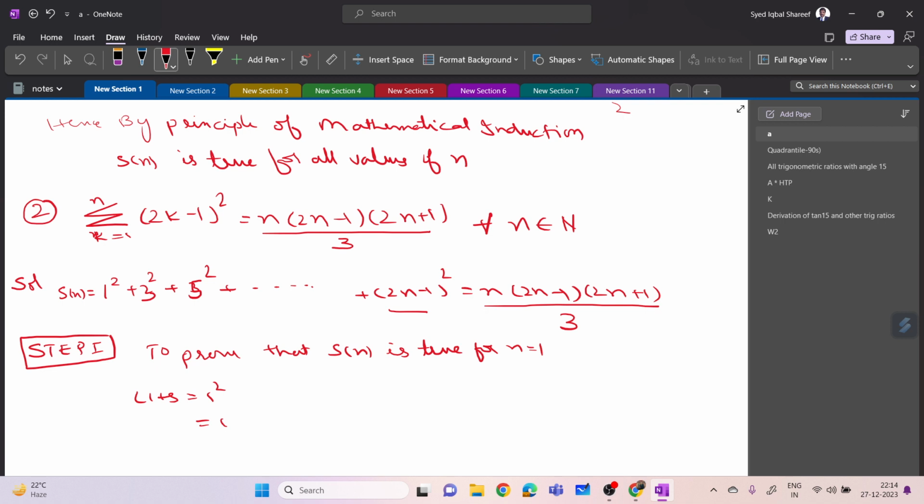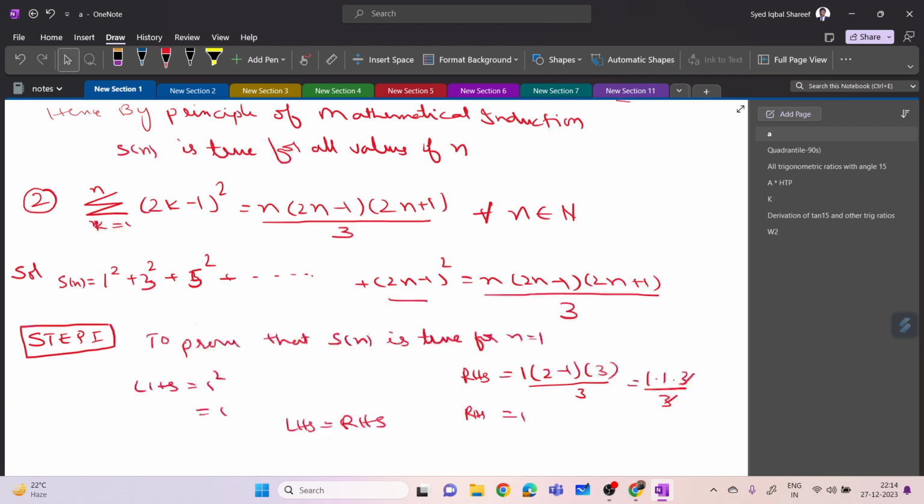So now right hand side, n equal to 1. 2 times 1 is 2, 2 minus 1 is 1. 2 times 1 is 2, 2 plus 1 is 3, by 3. This is 1, this is 3, 3 cancels with 3, getting 1 into 1 is 1. So right hand side is also 1. So left hand side equal to right hand side.